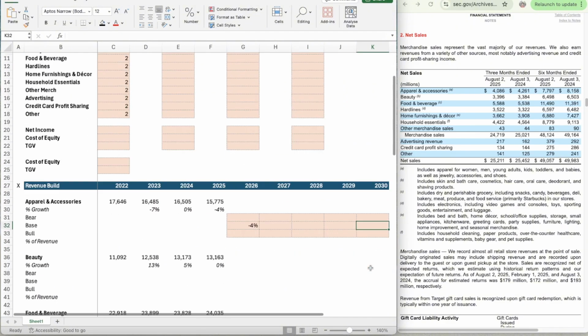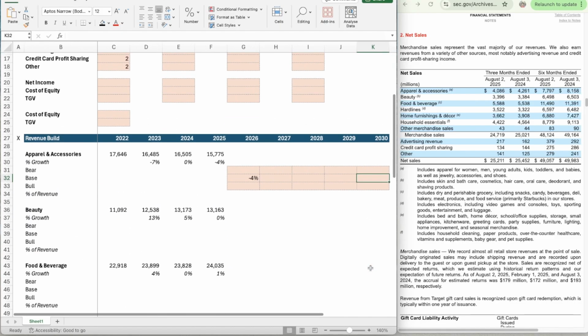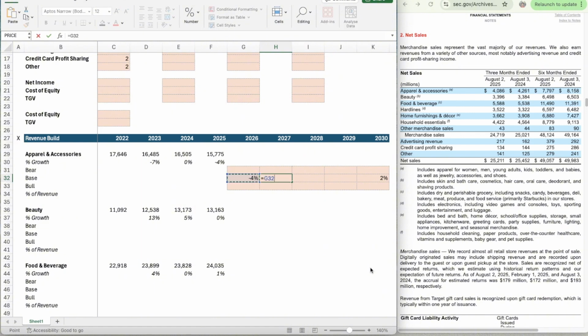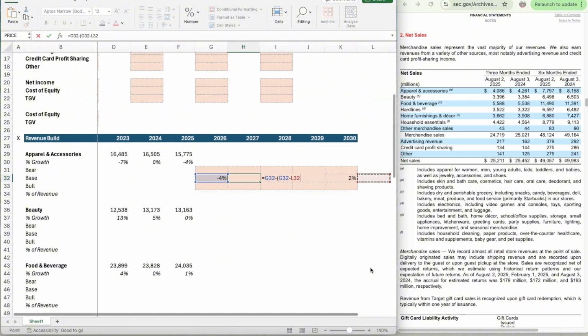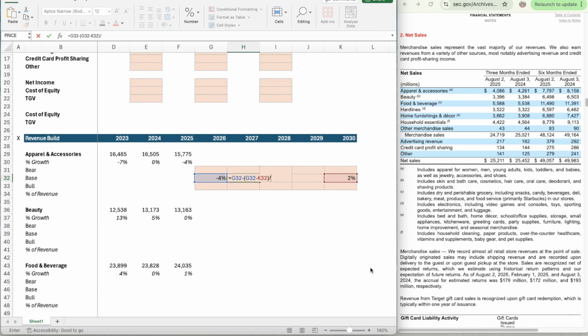What's the thing? G9, always G9 equals G9. We remember how to do this. You take the previous year, minus the final year, and we divide it by the latest year minus this. Now we need to remember what we want to lock in.